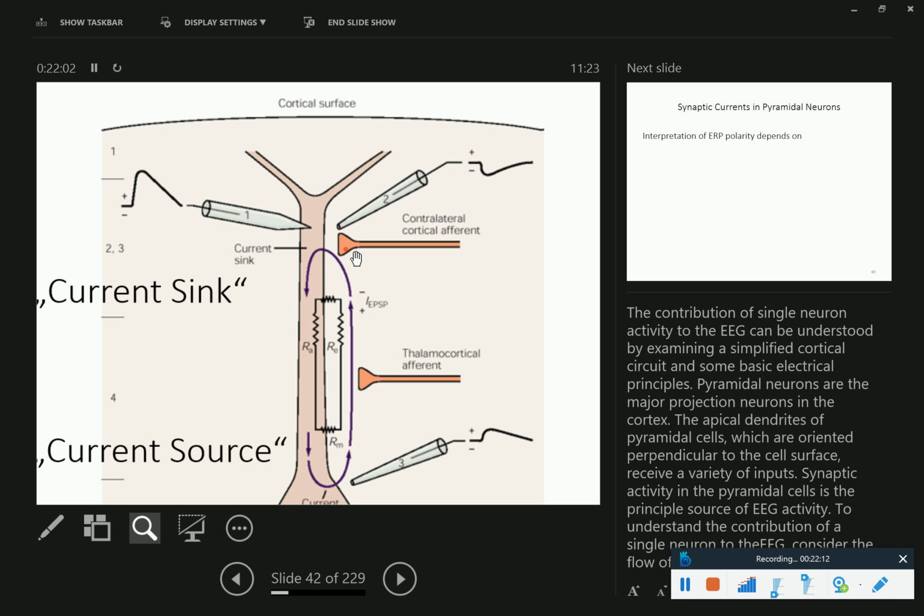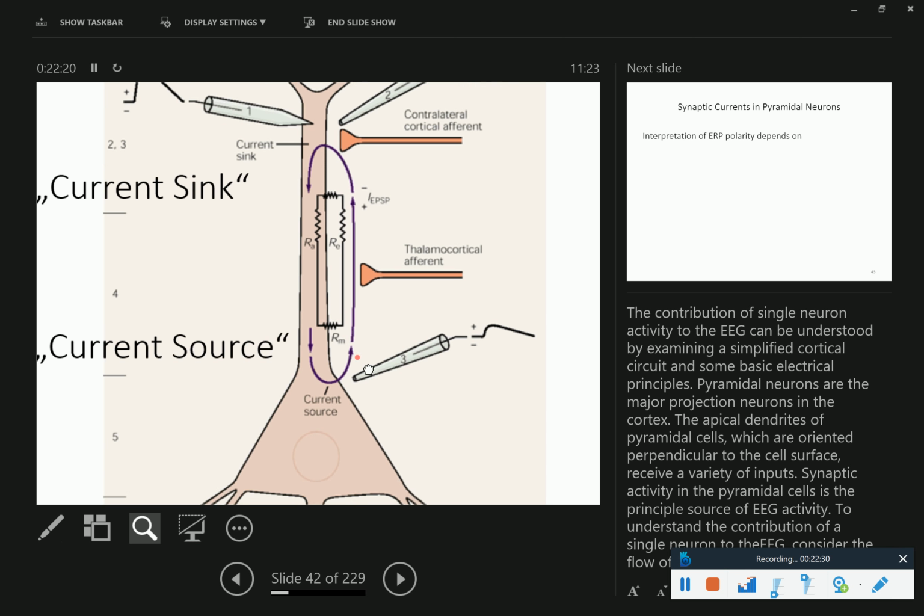And the important thing is that if you have some current at one point that flows into the cell, which is extended in space like this, these charges must come from somewhere.